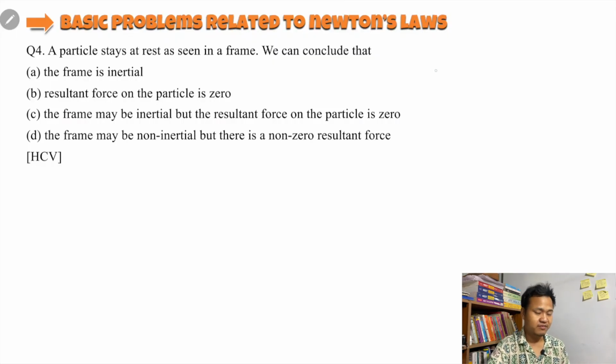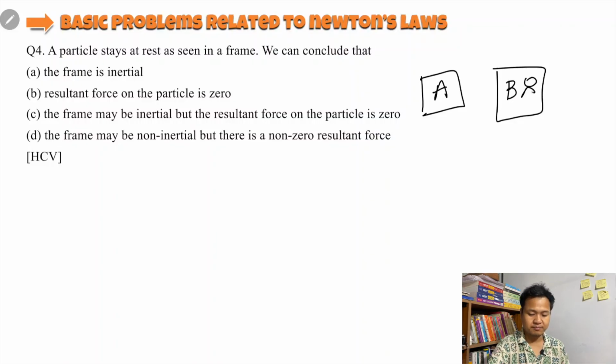Let's take the elevator problem as an example. If you have two elevators, A and B, you are at B. Let's say both of them are moving with the same acceleration a. So to you, the block in elevator A will be at rest.